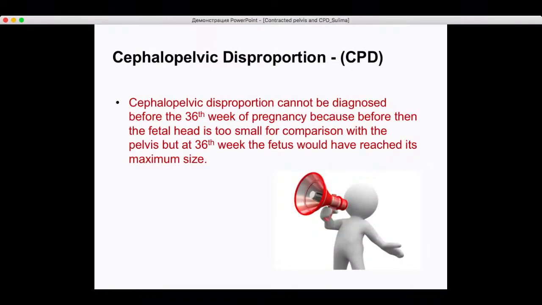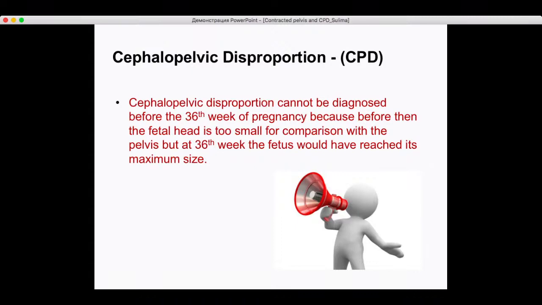Please remember, cephalopelvic disproportion cannot be diagnosed before 36 weeks of pregnancy. Why?